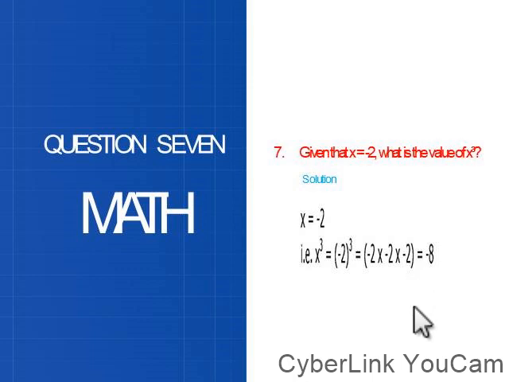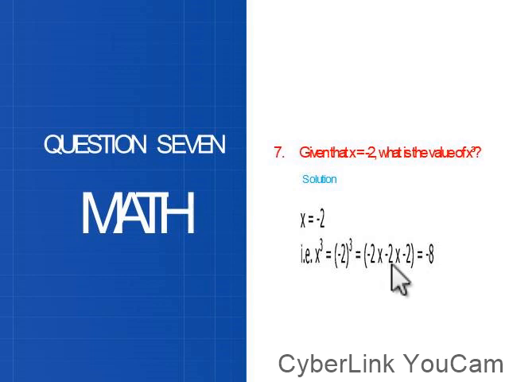Now from our multiplication of signed numbers, you know that when we multiply two numbers that have the same sign, the result is positive. But if we multiply two numbers with different signs, the result is negative. So here we have two signs that are the same. Minus 2 times minus 2 is plus 4.